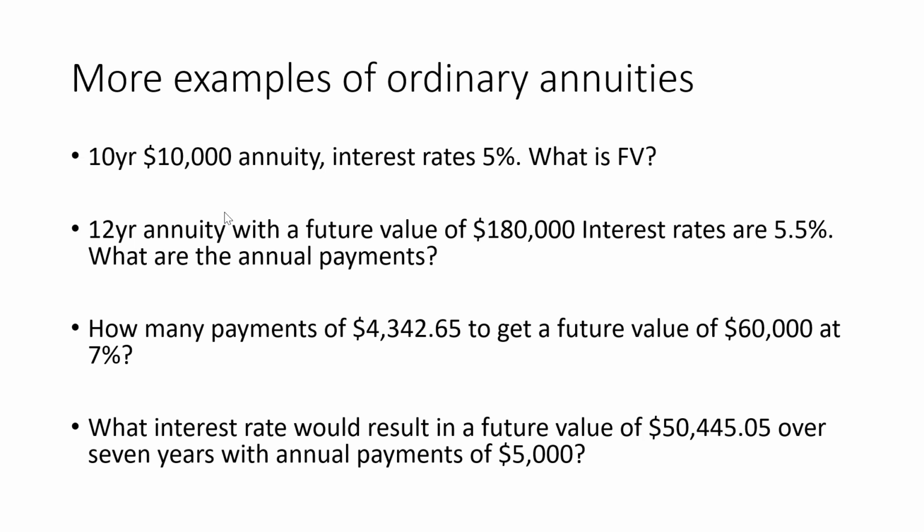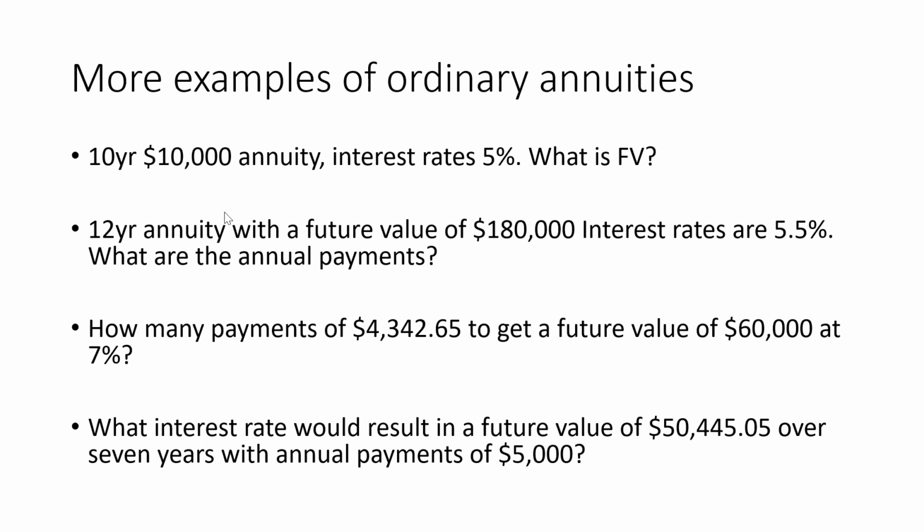Okay, for this next example, we have a 12-year annuity with a future value of $180,000, interest rate of 5.5%. What are the annual payments? N is going to be 12. Interest rate is going to be 5.5. Here, future value 180,000. Present value is going to be 0.